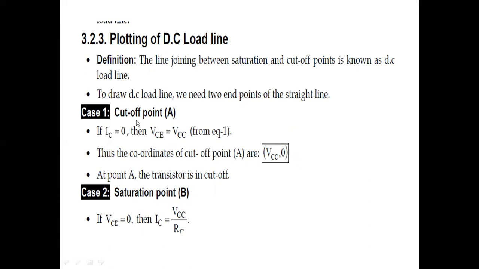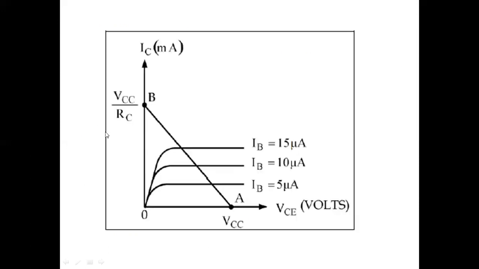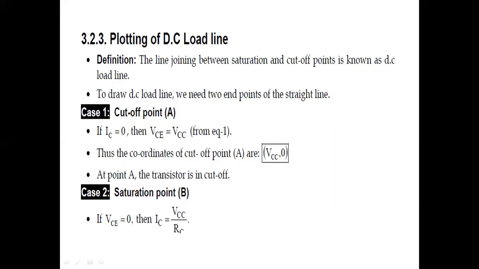So case 1, let me determine the cutoff point A. It is located in the cutoff region, that's why we are naming it cutoff point A. If IC is equal to 0, then what happens? On the x-axis, the IC value will be 0. If we substitute this in equation 1, what is that?